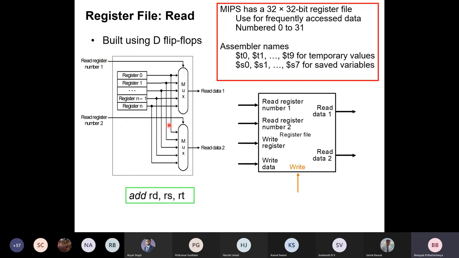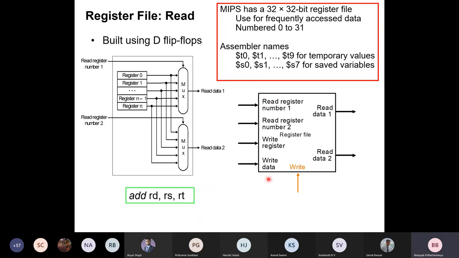Similarly, information of register RT is arriving through this bus. These are 5-bit wide. And this multiplexer allows you to access the particular register you want to read, and that data would be made available here. This whole thing is designated by this compact symbol.